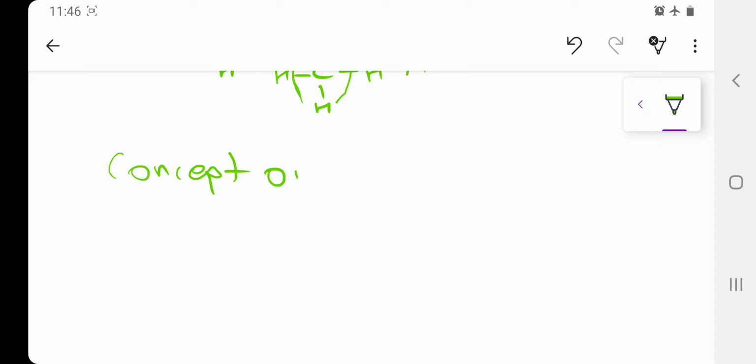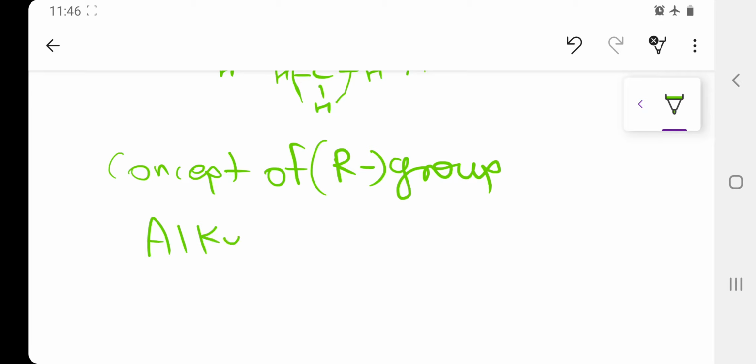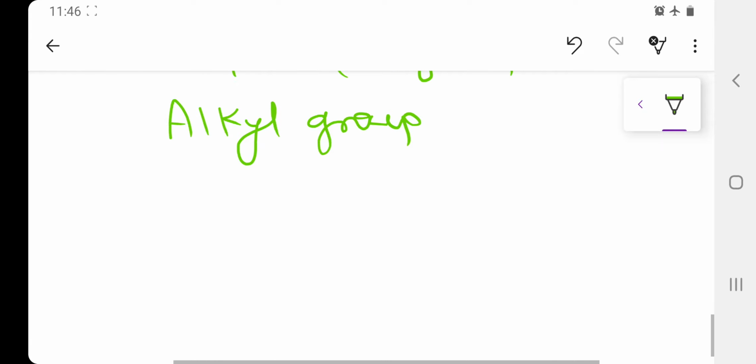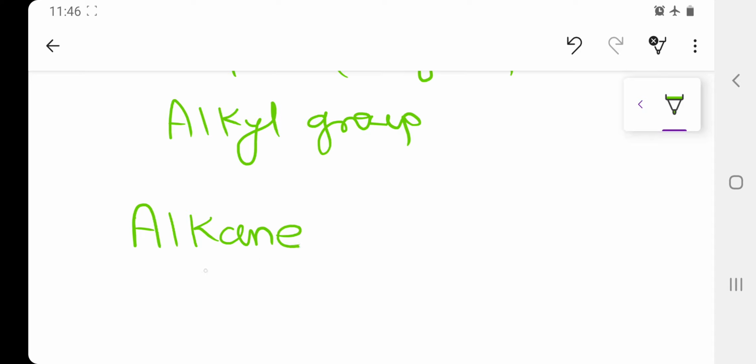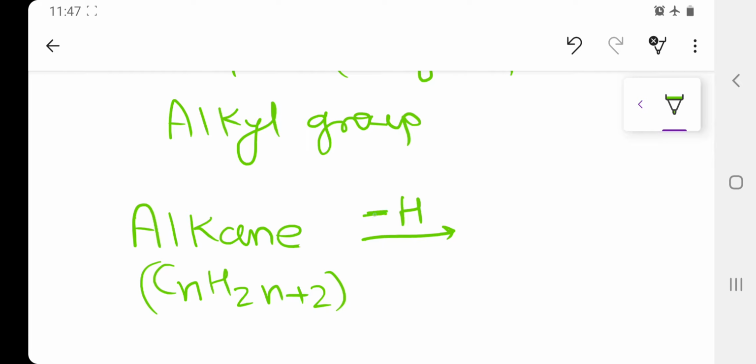Concept of R group. Now R group is basically the alkyl group. R group is called alkyl group, and alkyl groups are made from alkane. This is the representation. Alkane has the general formula CnH2n plus 2, and if you remove one of the hydrogens, that is minus H, of the alkane, you will end up with the group called alkyl group.